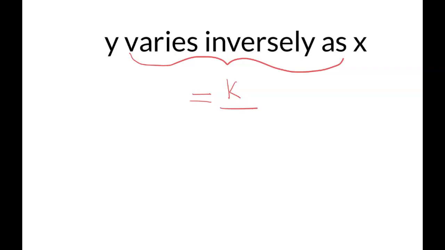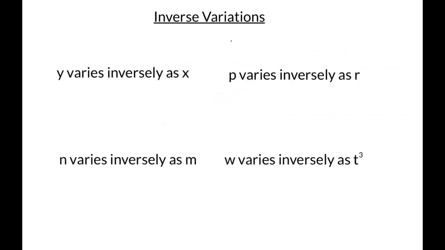So when I say y varies inversely as x, the only difference is that instead of equals k times, it's equals k divided by. In this first one, which we have looked at already, y varies inversely as x, so y equals k over x.